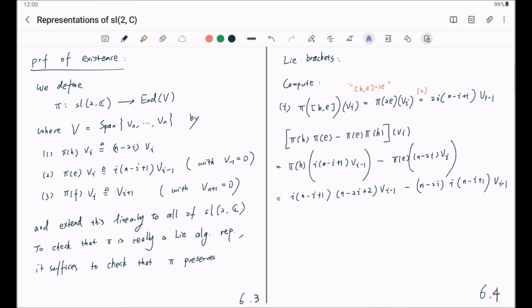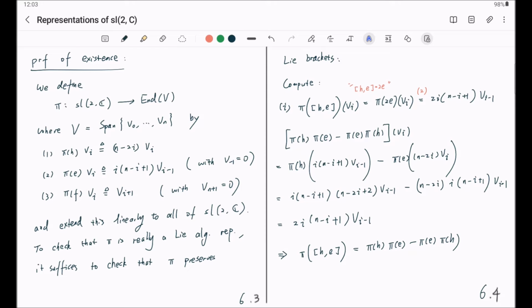And you add them up and simplify it. In the end, this gives you the thing that coincides with this. And this verifies that pi of h Lie bracket e is equal to pi of h composed with pi of e minus pi of e composed with pi of h. So pi preserves this particular Lie bracket.